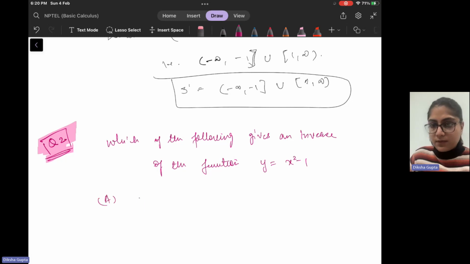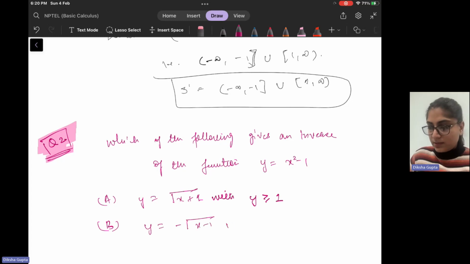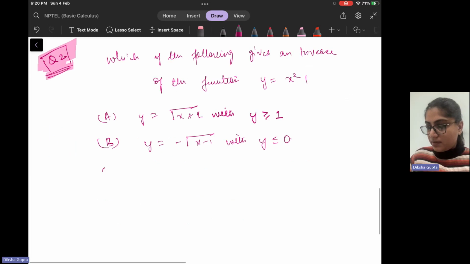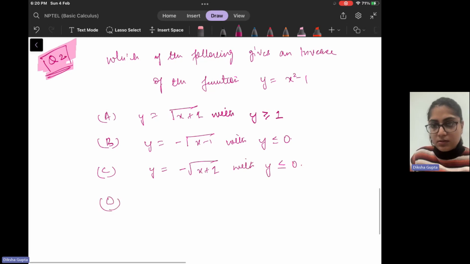So A option is y equals under root x plus 1, with y greater than or equal to 1, B is y equals under root x minus 1 with y less than or equal to 0, C is y equals minus x plus 1 with y less than or equal to 0, and D option is y equals minus.